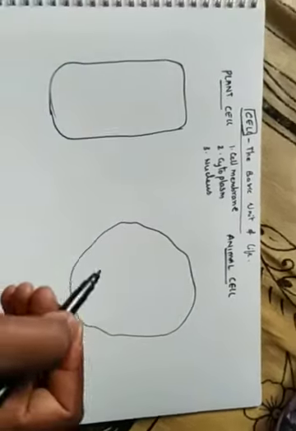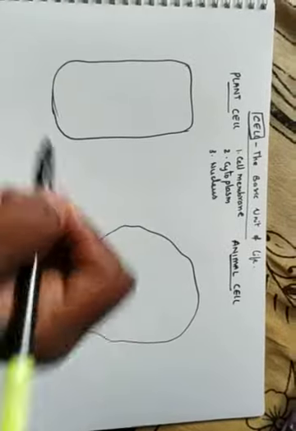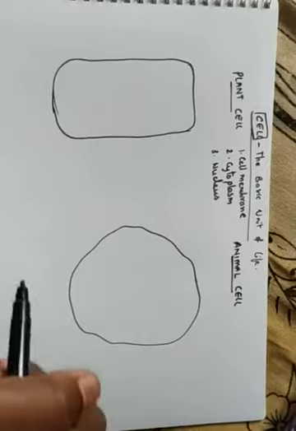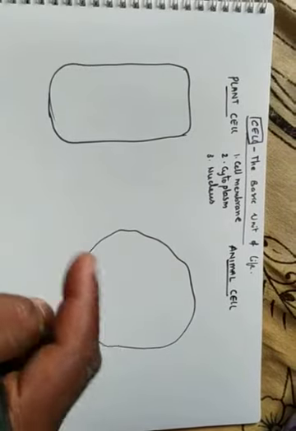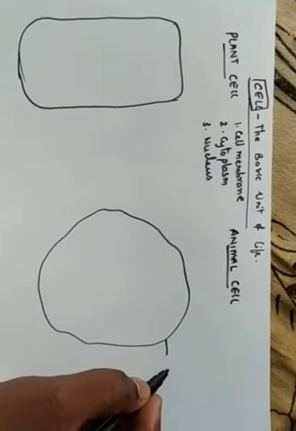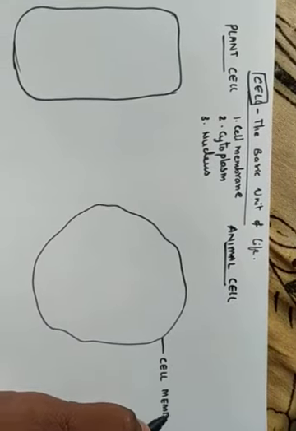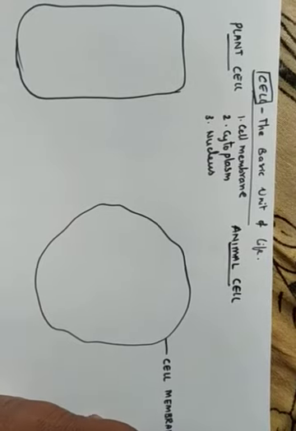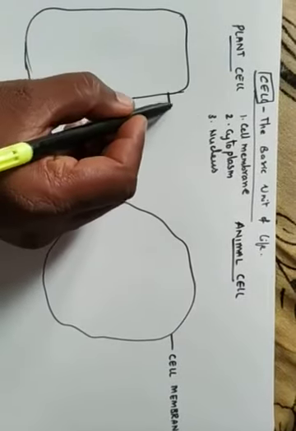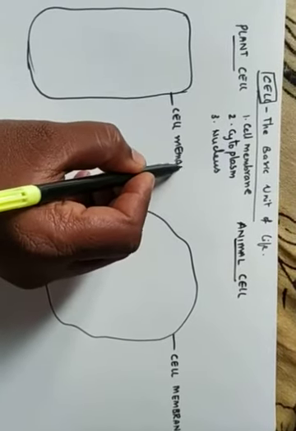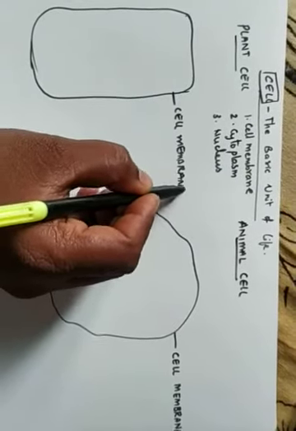Every cell has its own outer boundary, like how we have in our room. When we sit in a room, the boundary of that room is nothing but our wall, right? This outer wall which is present is called cell membrane. What is that called? Cell membrane. Right, children?